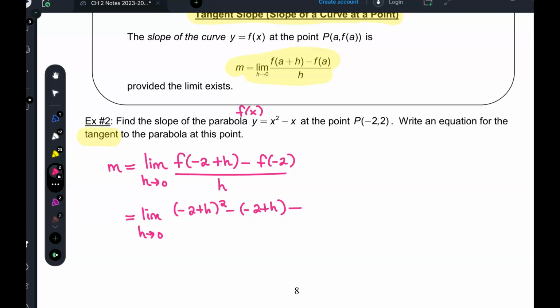Wait, I gave you the f of -2. It's not minus -2 plus h. I always plug it in last, this is messing with my head. You can't plug in -2 beforehand. Okay, fine, you can plug it in, you're just doing extra work.